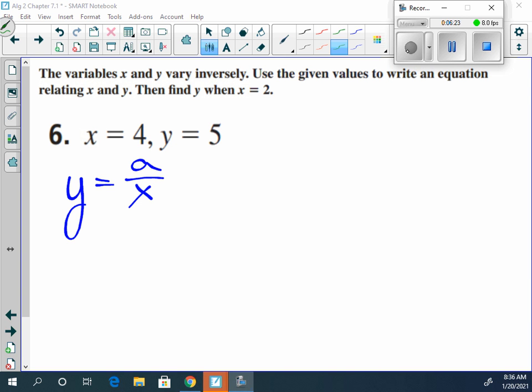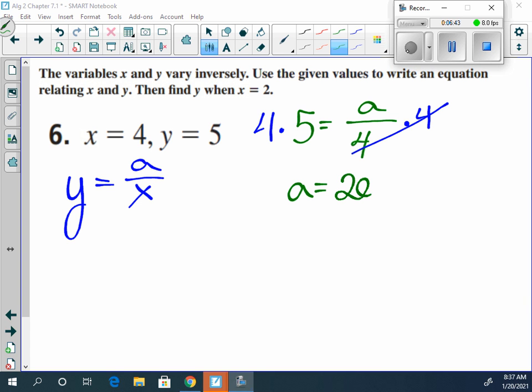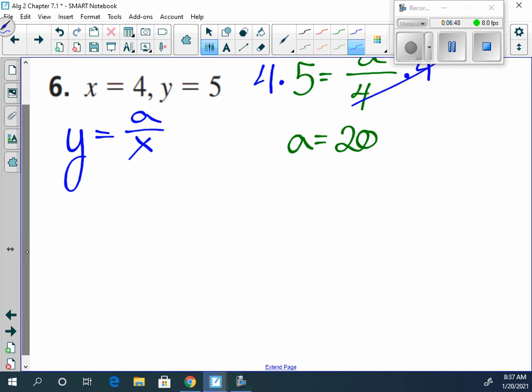Well, we can plug this in, so we would have what? 5 is equal to a over 4. And then we would multiply both sides by 4, because 4 and 4 would cancel out, telling us that a is equal to 20. We can plug that in to get our equation.